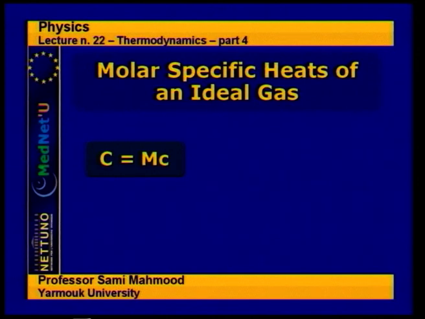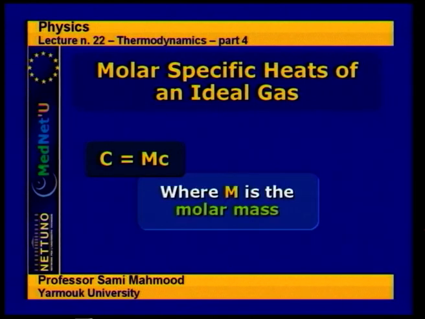And if we have M unit masses in a mole, then M times c will give the specific heat of a mole of the material. This is the definition of the molar specific heat, where capital M is the molar mass of the system.